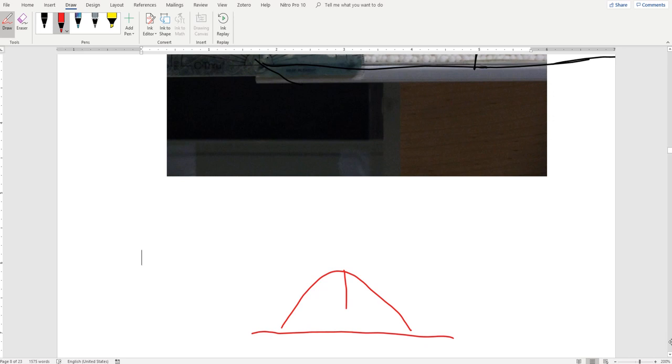And from here to here is your diameter. Now, you have here a perpendicular angle, a right angle, and you want this angle here.